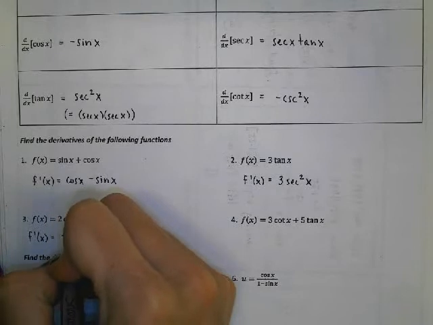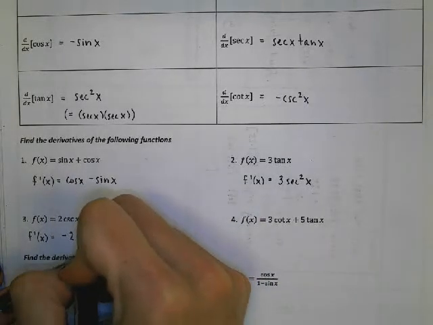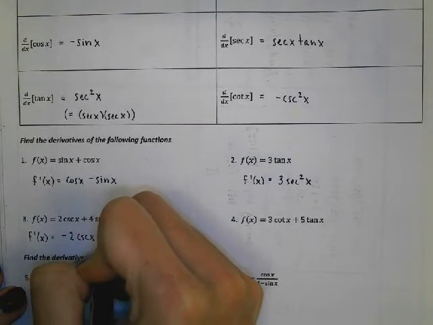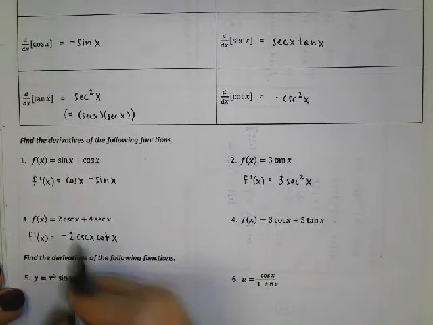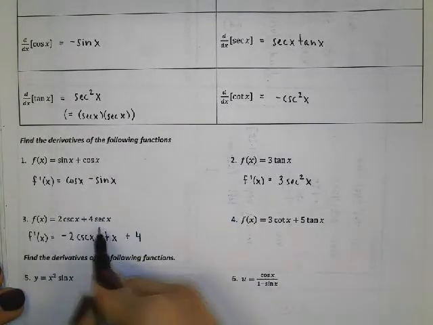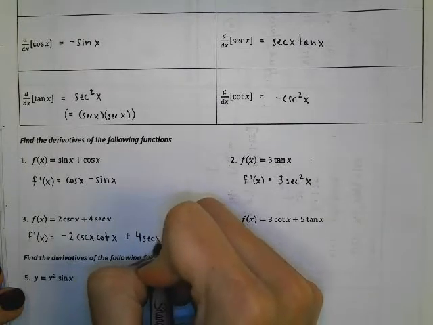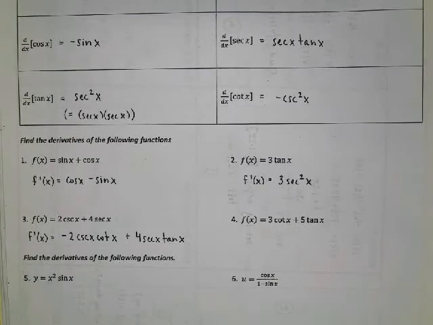So I'm going to move my negative out front, and I have negative 2 times cosecant of x cotangent x. And then I'll deal with my second term. I have 4 times the derivative of secant x, which is secant x tan x. And that's my derivative.